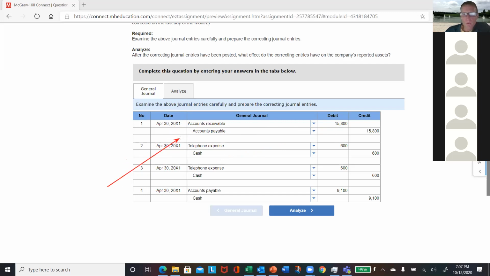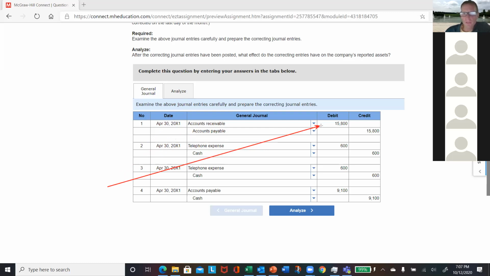So I believe what they want you to do is look at all your correcting entries and see which ones impacted an asset account. On this first one, accounts receivable is an asset and accounts payable is a liability, so we don't have to worry about that on this question. We just need to worry about this asset. So for this first part, this asset account went up by $15,800.